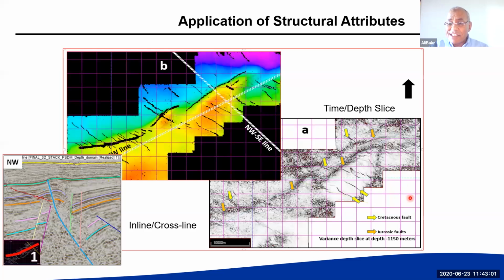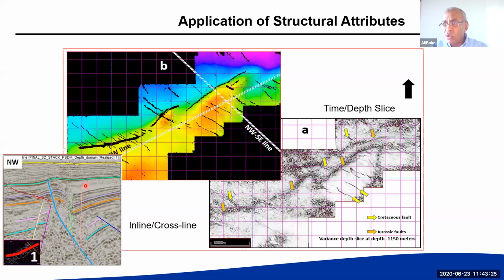Actually, the data displayed on the time slice here is not the direct seismic data, but a kind of attribute. I use this data and my computer, and I ask my software to calculate the seismic attribute called variance, or actually coherency.